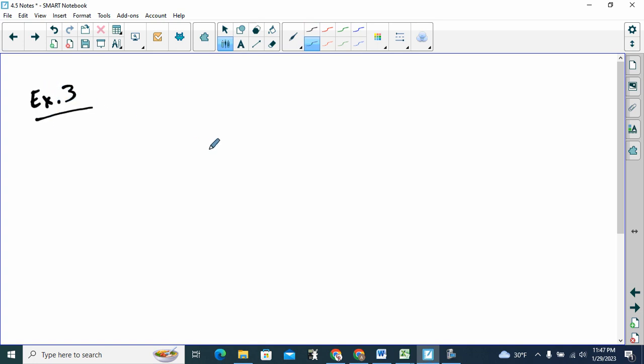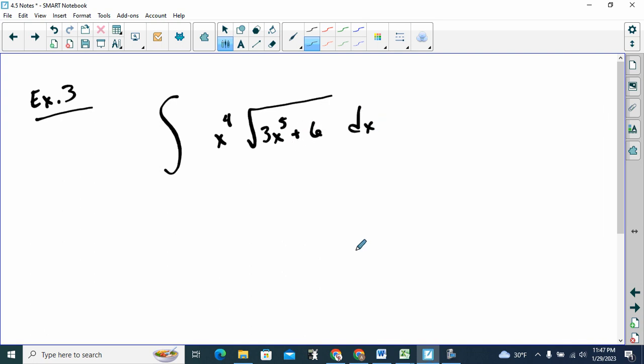Example 3. Let's go with the integral of x to the 4th times the square root of 3x to the 5th plus 6 dx.